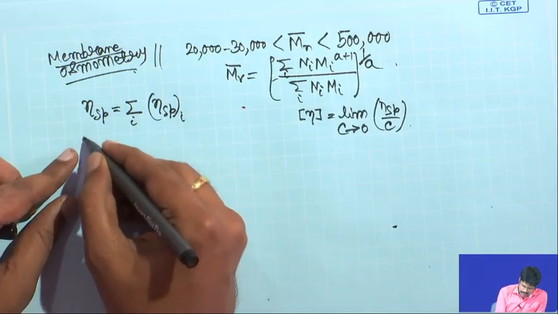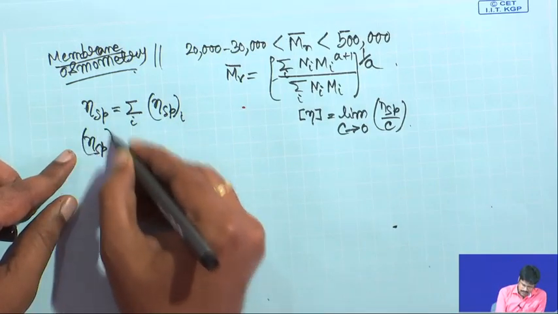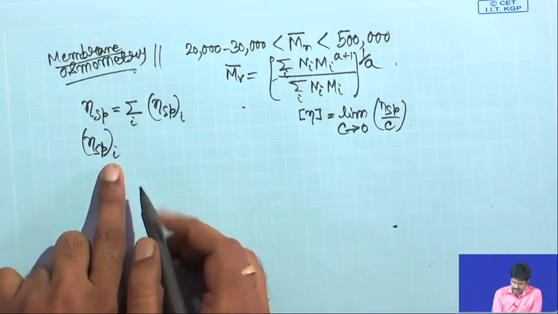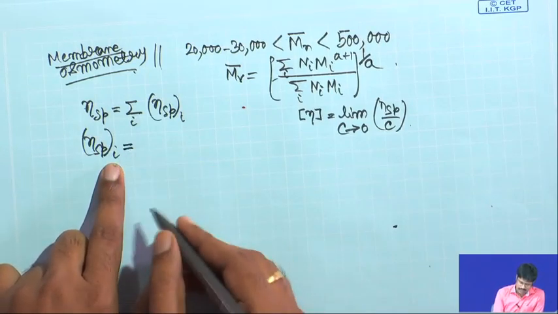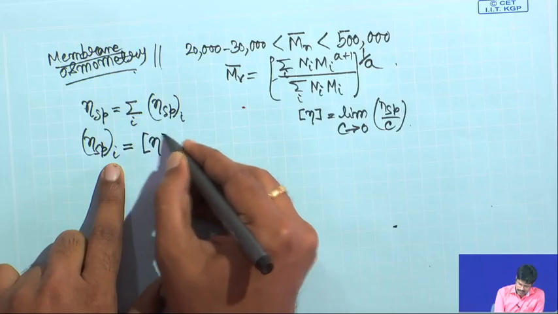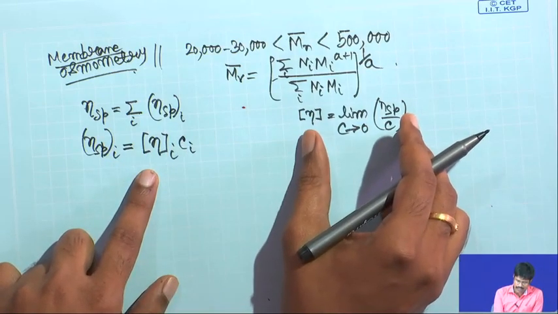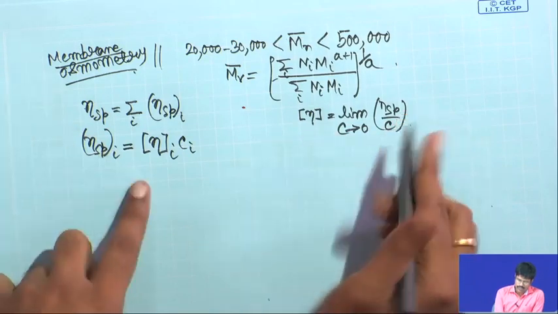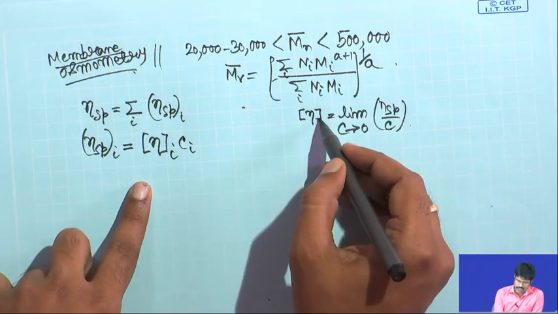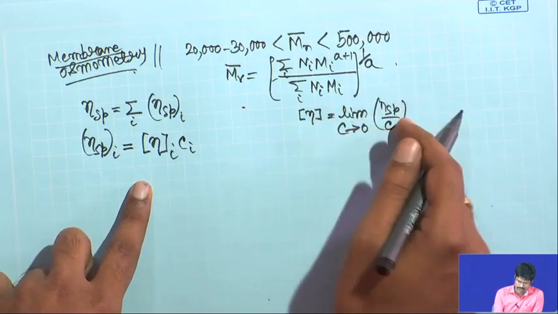Now, this eta specific of the ith species is nothing but eta i into c i. If you look at this relation, you have a dilute condition, so eta specific is equal to c into eta under very dilute condition, c tends to 0.